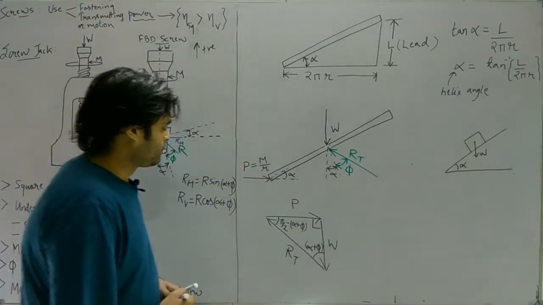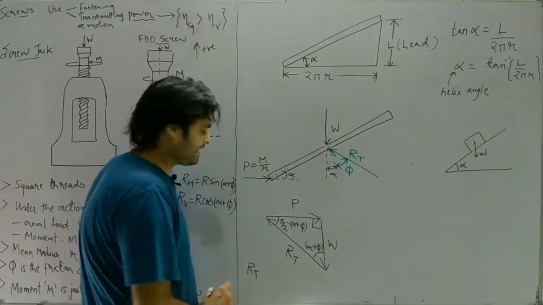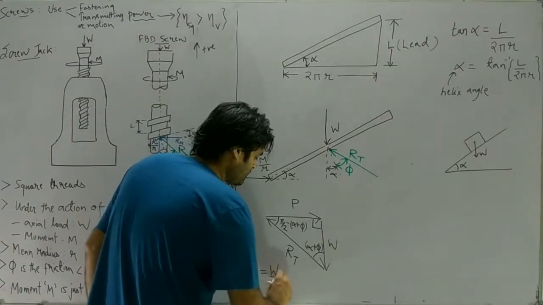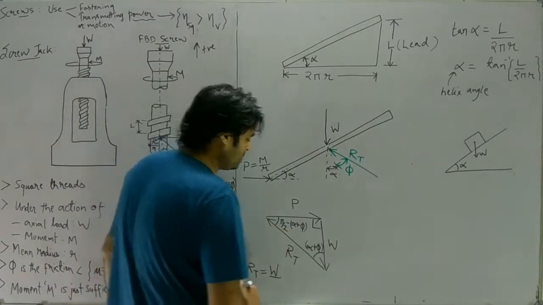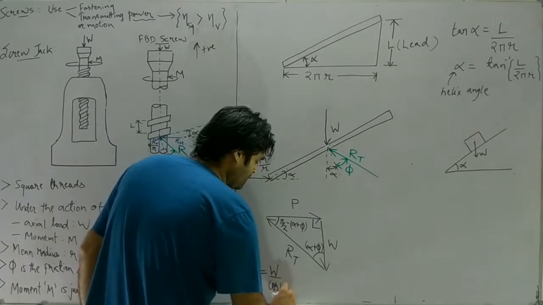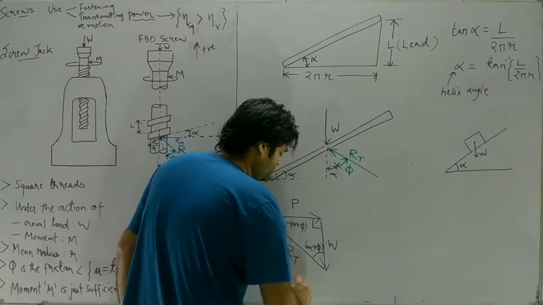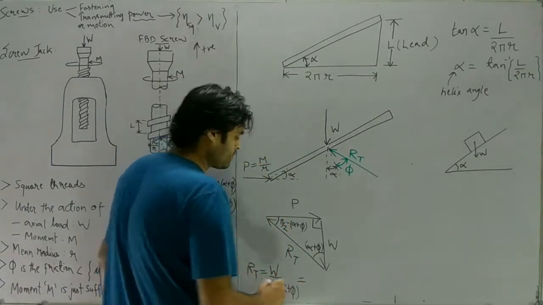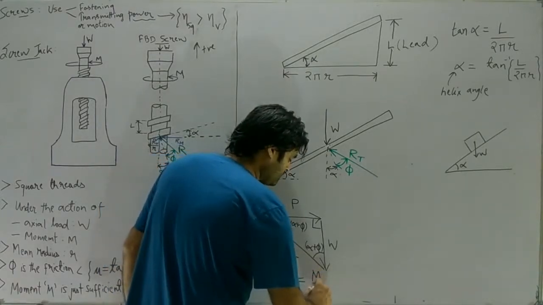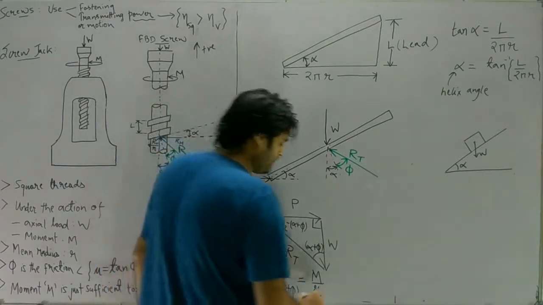So we can write the relation here that R total divided by sine 90, that is 1, is equal to W divided by sine of (pi by 2 minus (alpha plus phi)), that will be cos(alpha plus phi), is equal to P. Now P can be written as M by r, so it is M by r divided by sine(alpha plus phi).